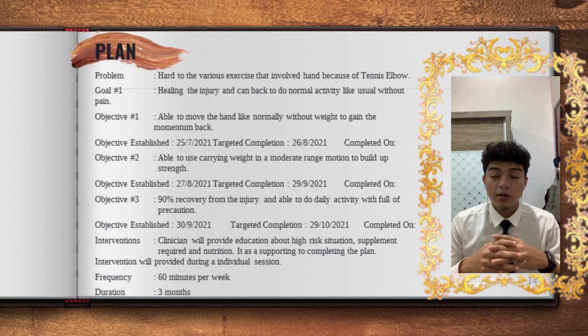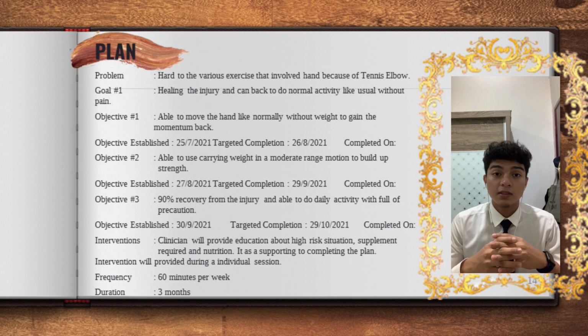For objective 3, we need to achieve 90% recovery from the injury and be able to do daily activity with full precaution. It is established on 30 September 2021 with target completion on 29 October 2021.